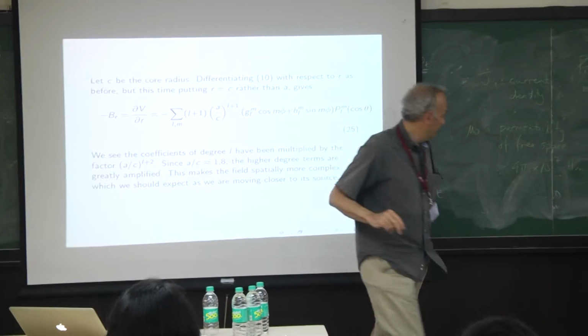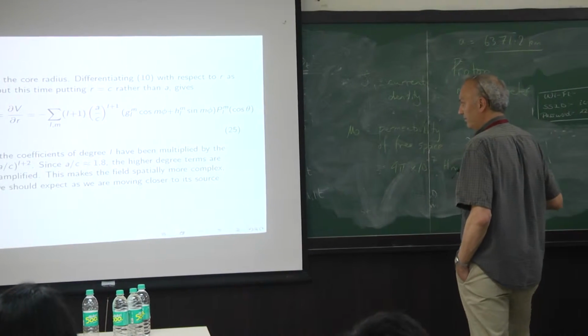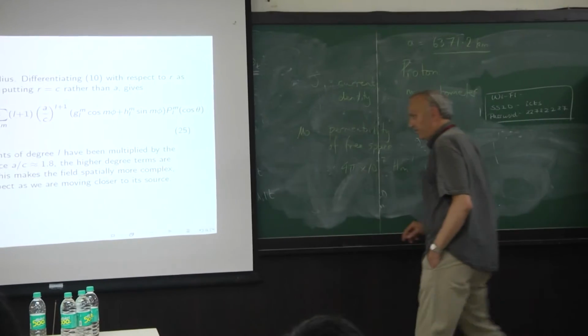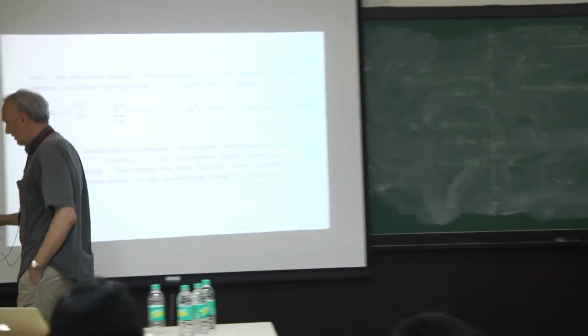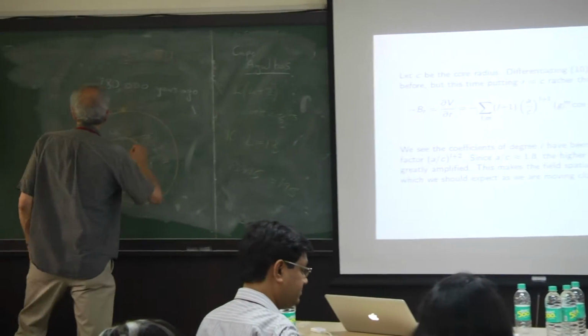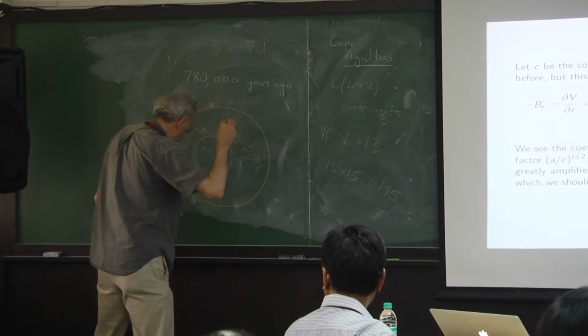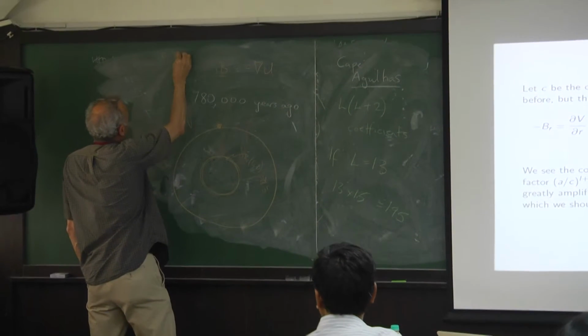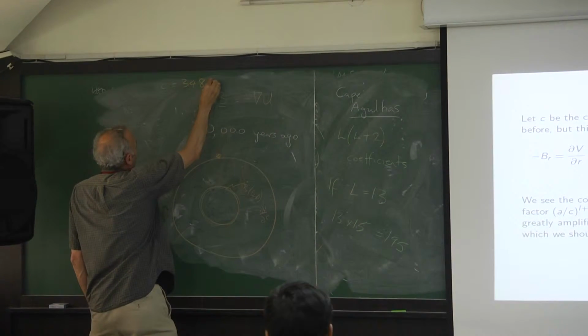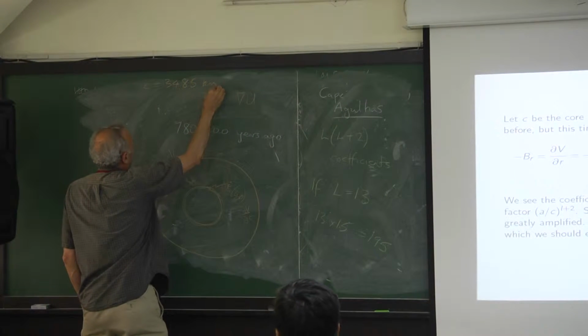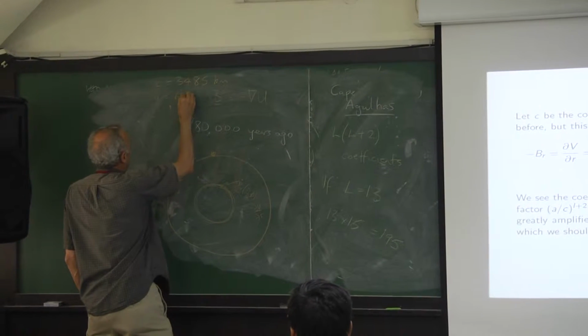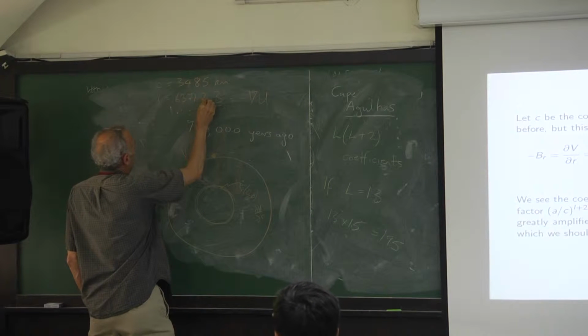I haven't written this down, have I? No. The radius of the core for all intents and purposes, C, is 3485 kilometers, and remember we had A is 6371.2 kilometers.